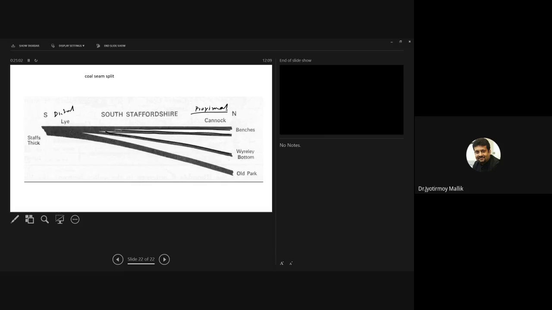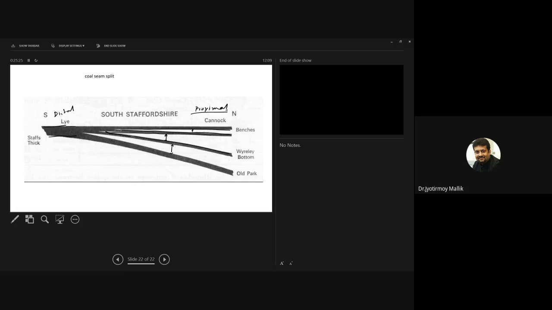So these formations are all typical regressive cycles. These are the times of regressions. That is what generally causes coal seam splits. You can see these seams essentially merge together to form a single coal seam.